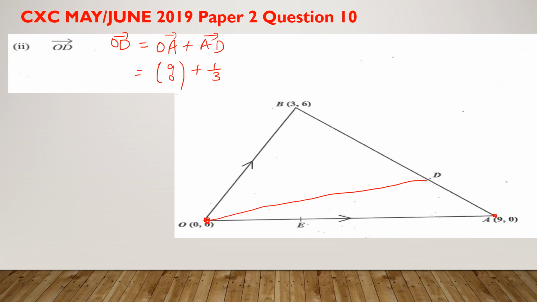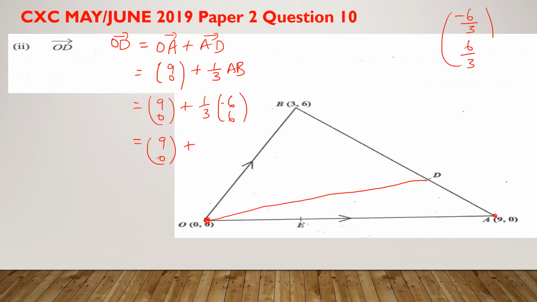A third of AB. And we just worked that out. So it's 9, 0 plus a third of, 6, 6 it was? Negative 6, 6. So that is 9, 0 plus, we're dividing negative 6 by 3 and 6 by 3.